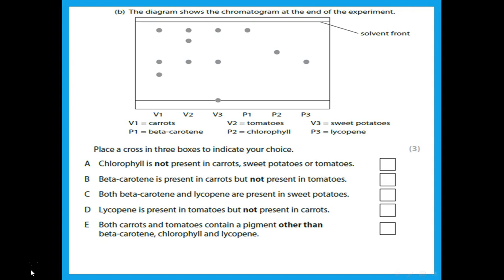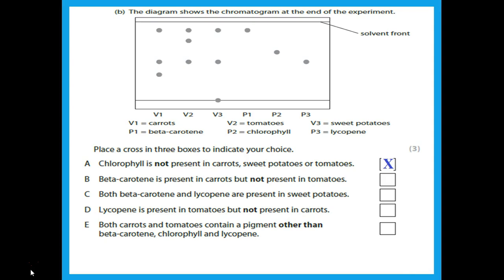Carrots, sweet potatoes, or tomatoes are V1, V2, V3. Okay? Now, chlorophyll is which one? Chlorophyll is P2. And he's saying chlorophyll is not present in V1, V2, V3. So I look at chlorophyll, P2. P2 has a spot that is not the same height as any of the other spots in V1, V2, V3. So this statement is actually correct, and he says place a cross in the correct box.